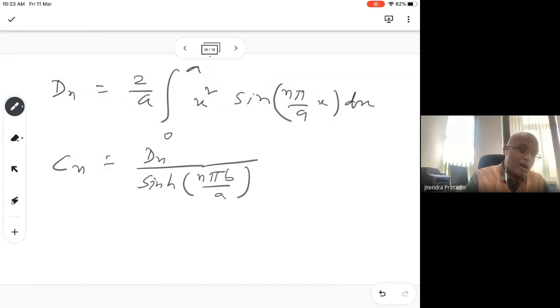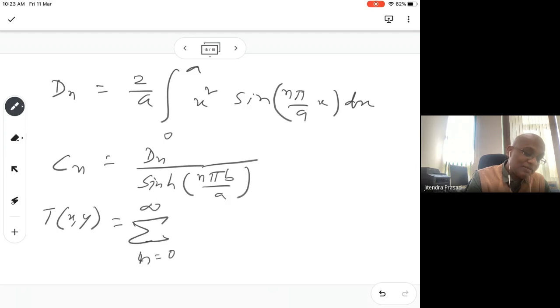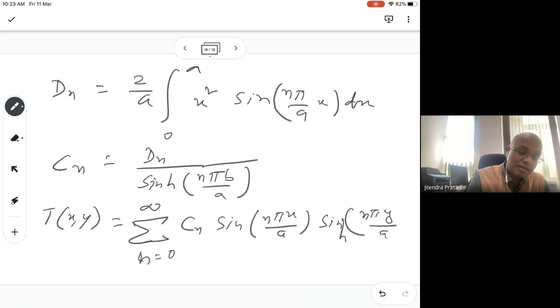So the general form, T x y, which was a summation from n equal to 0 to infinity, we had Cn, so we write Cn, and then sine n pi x over a, sinh n pi y over a.